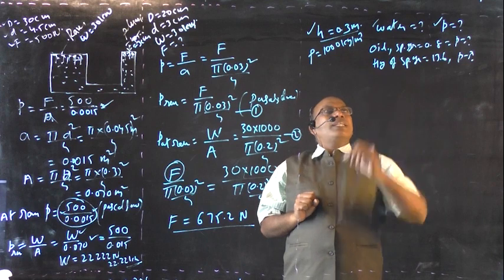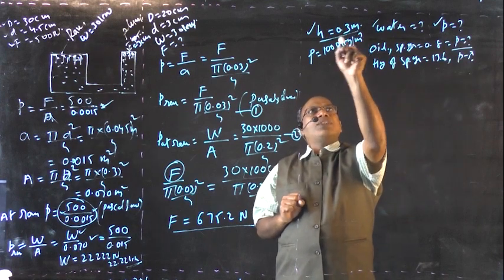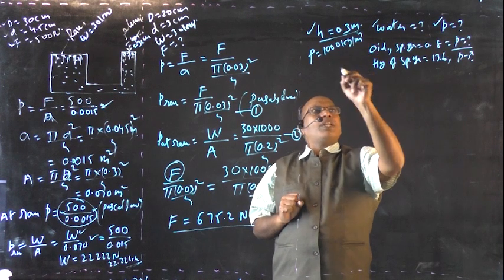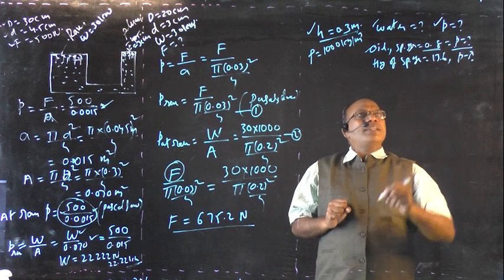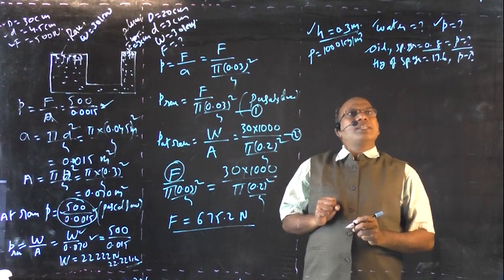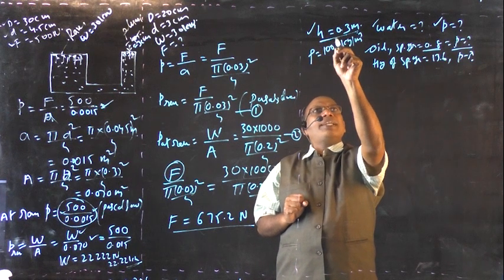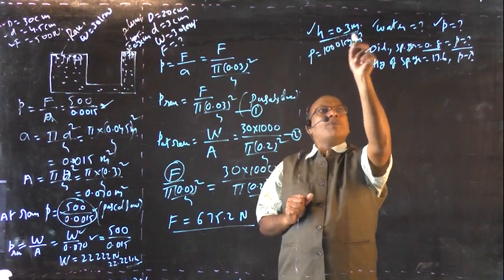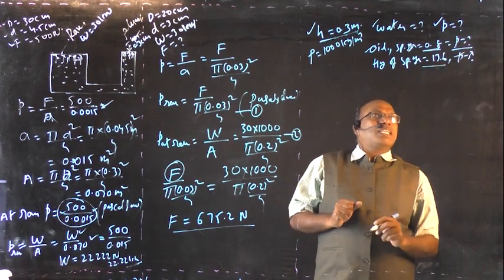If it is oil with head equal to 0.3 meters, what is the pressure intensity? Specific gravity of oil is given, that is 0.8. And if the mercury head is equal to 0.3 meters, what is the pressure intensity if the mercury specific gravity is 13.6?